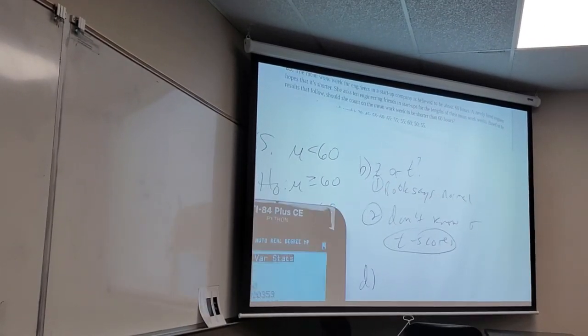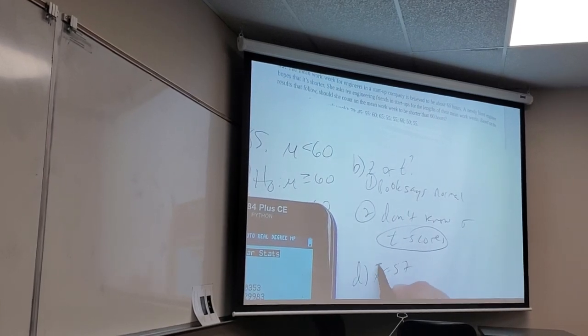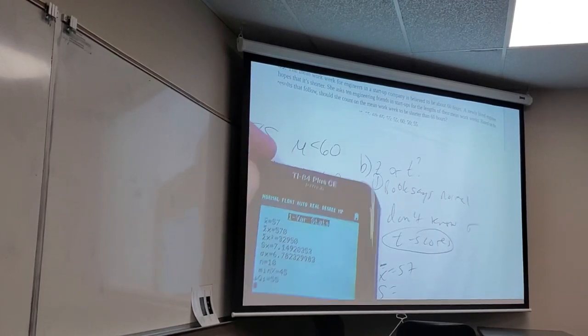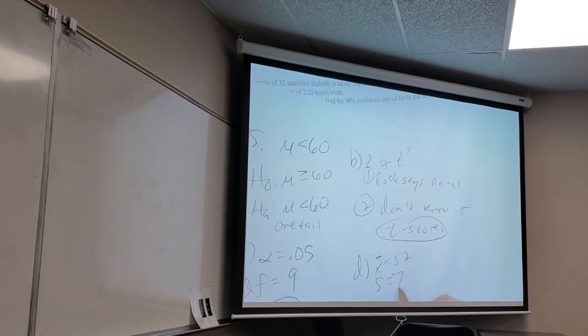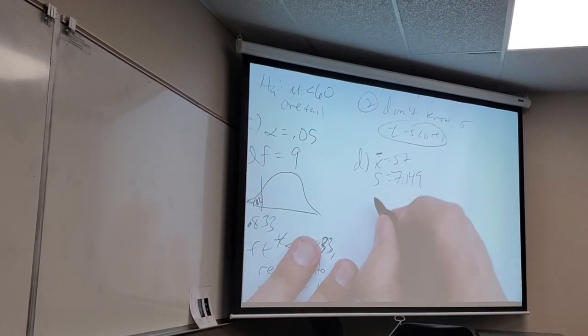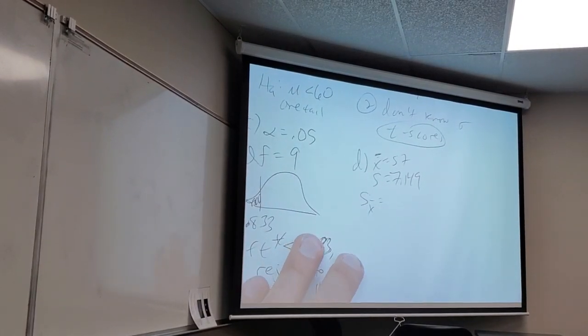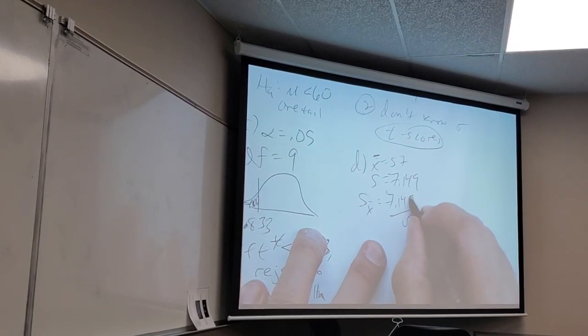All right. So I got x-bar is 57. I got s is 7.149. So what is the standard deviation of the sample means? 7.149 divided by the square root of 10.